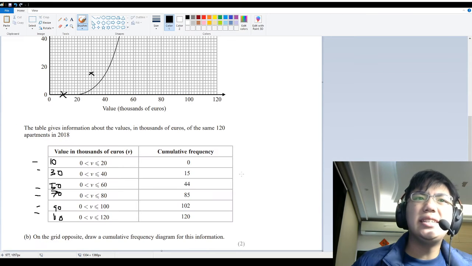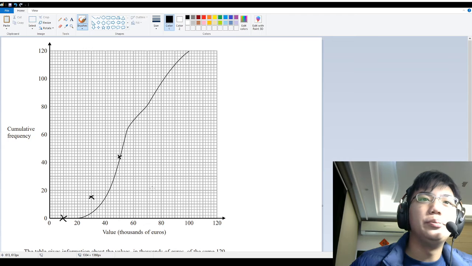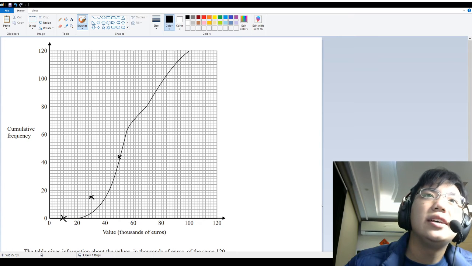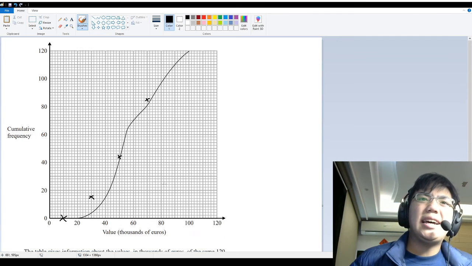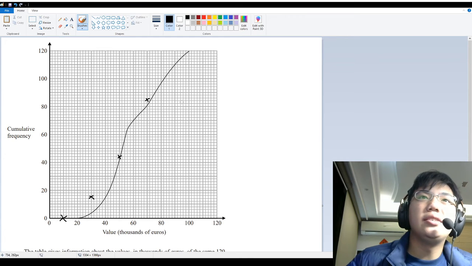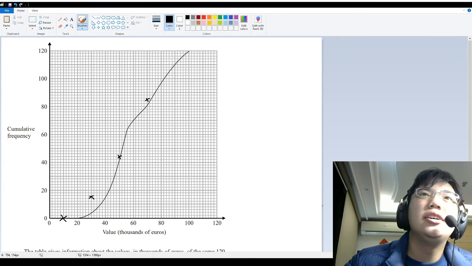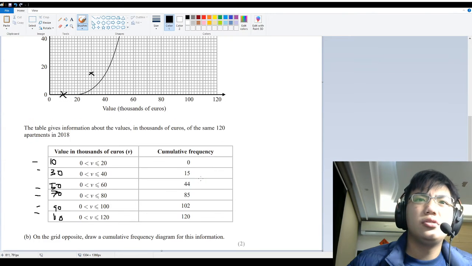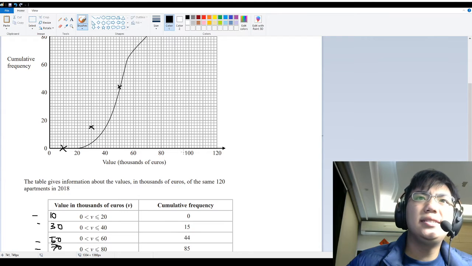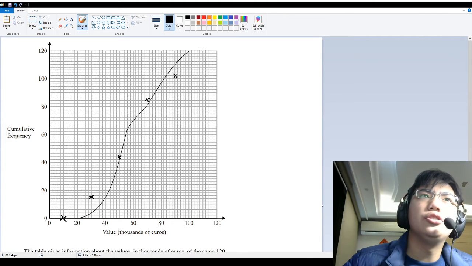For 70 and 85, we plot it at 80, 85. 90 and 102 would be up here, while 110 and 120 would go all the way to the top, right here.